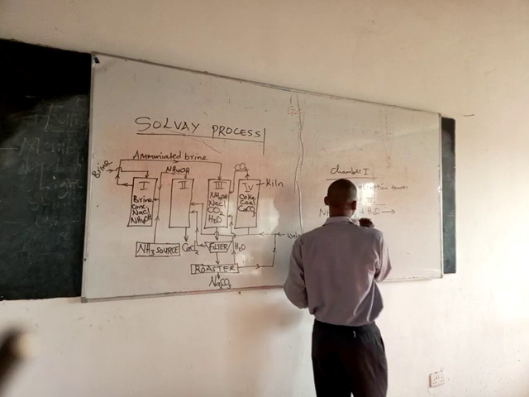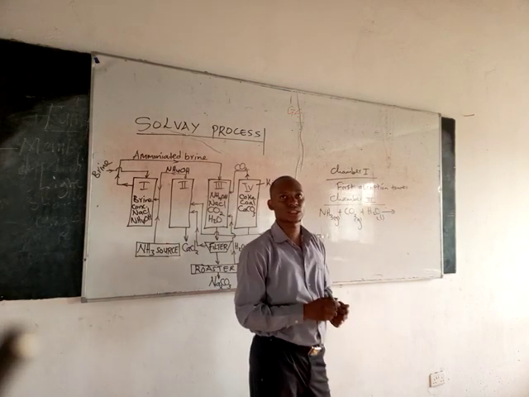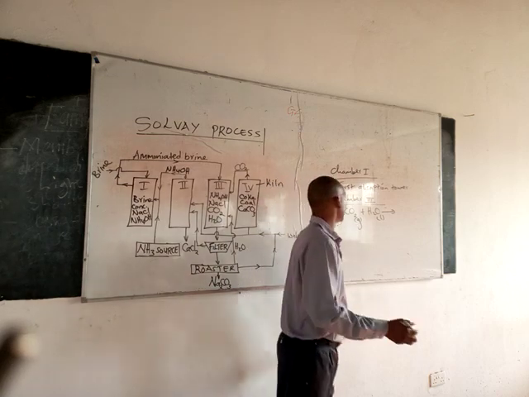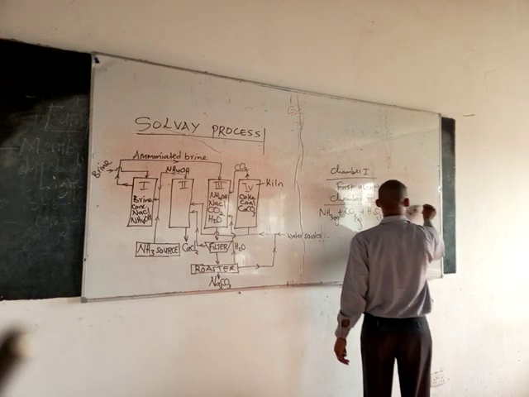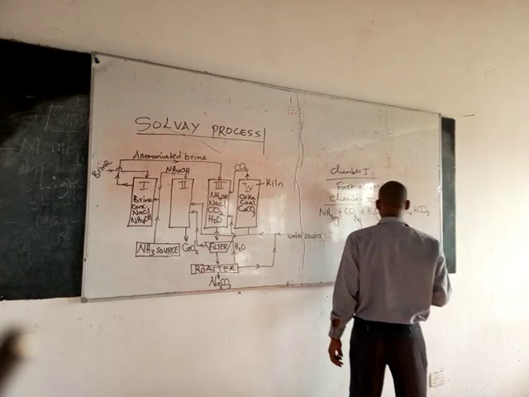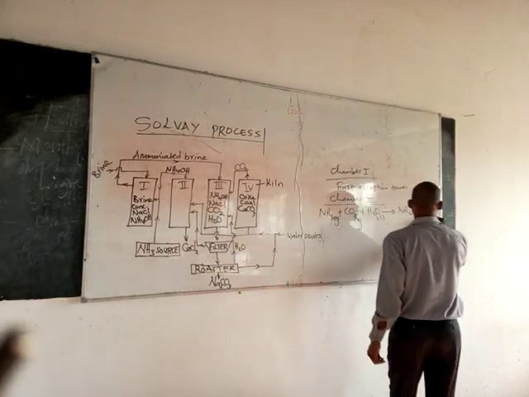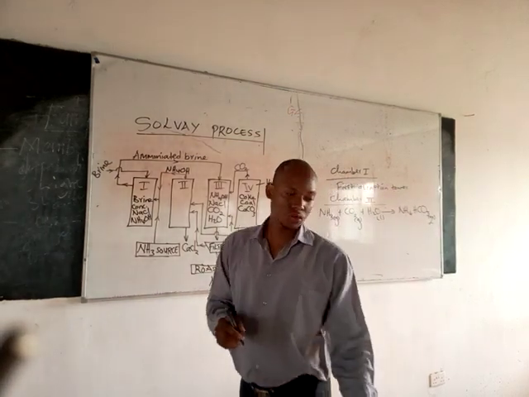So we are going to have this reacting that way. And now the product of these three substances reacting will be ammonium hydrogen carbonate. Now ammonium hydrogen carbonate is just in solution form.